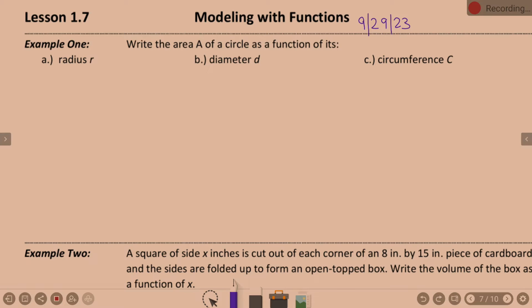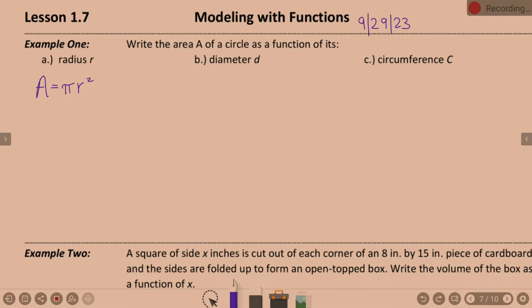The first one says write the area of a circle as a function of its radius. What do you know about area of a circle? Area is equal to pi r squared. Yes, that's the one you're supposed to have memorized. You're supposed to know that. Area equals pi r squared.